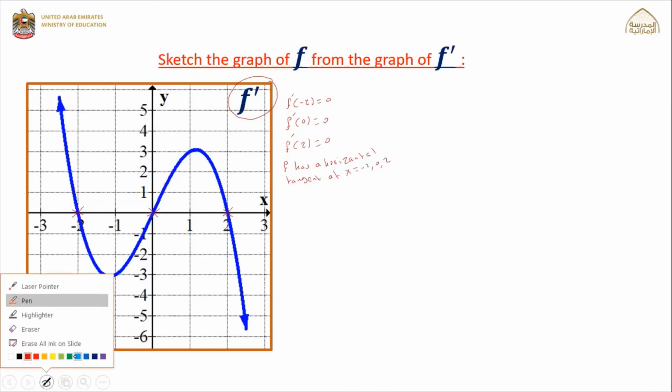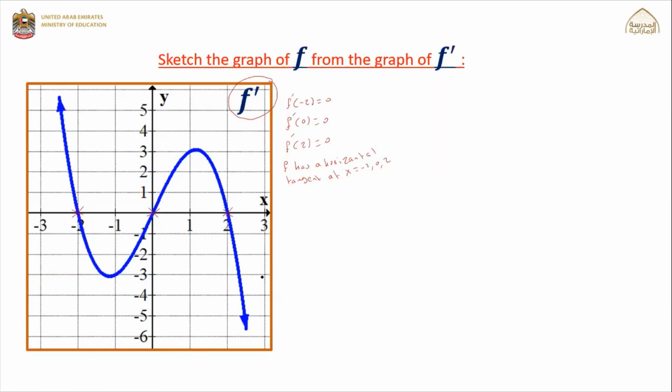Also, from the graph of f prime, I can say that the derivative f prime is greater than 0 from -infinity up to -2, because the graph of f prime is up the x-axis. So if I have here a number line, and I take -2, 0, and 2, and here I talk about f prime.